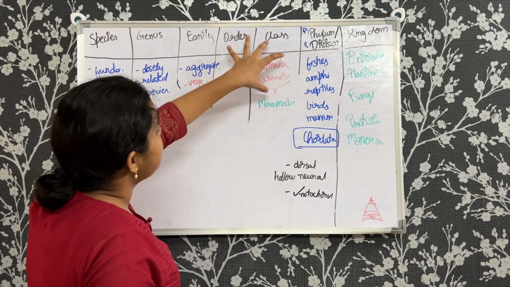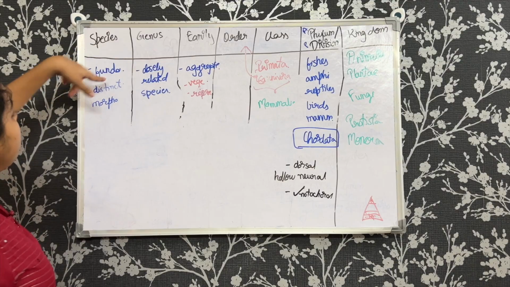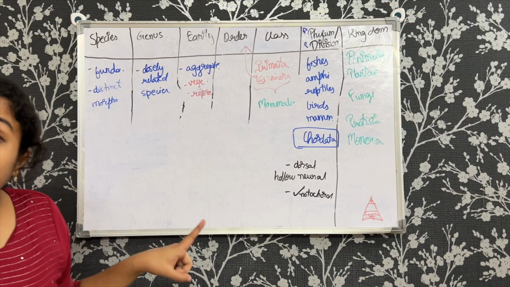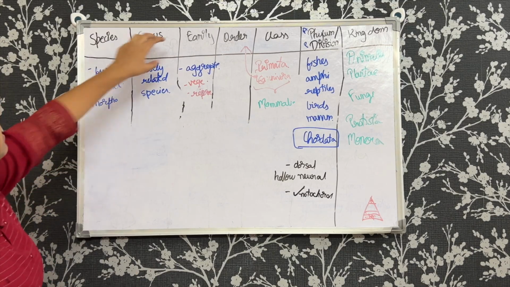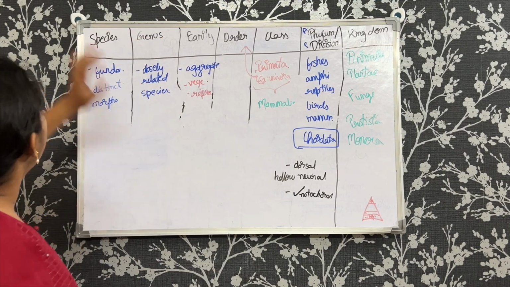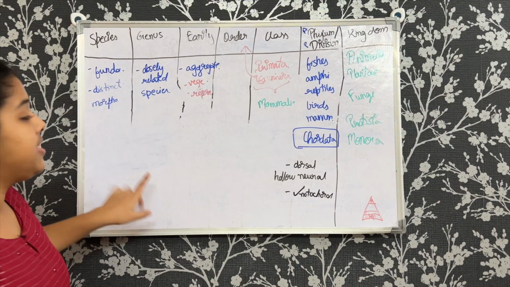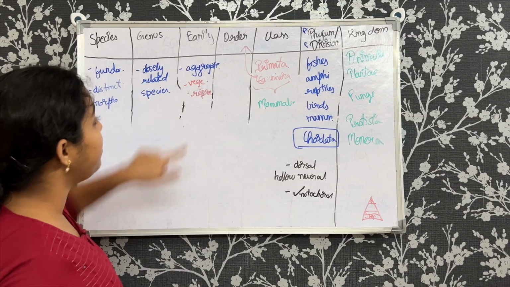Some more examples, since I mentioned it in terms of animals here, again we'll come back here. Panthera leo. Panthera leo is not the only example, Panthera tigris also. So, Panthera is a genus, leo and tigris are species. Then we have another genus, Felis. So, Panthera and Felis come under the same family called Felidae.